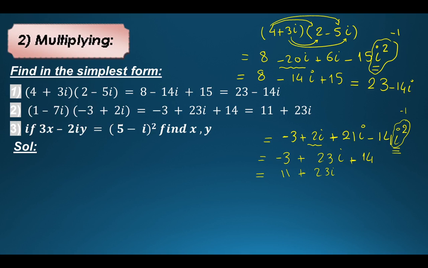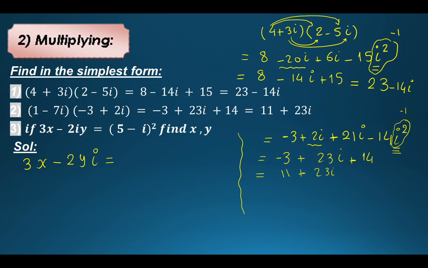Here, if 3x minus 2iy equals (5 minus i) to the power of 2, find x and y. Solution. Here, we will write the first complex number in the standard form: 3x minus 2yi equals (5 minus i) to the power of 2.